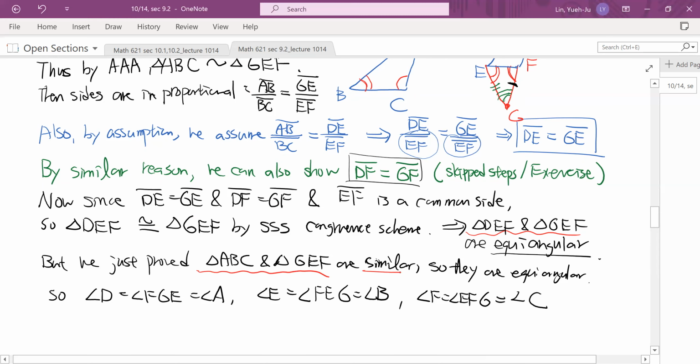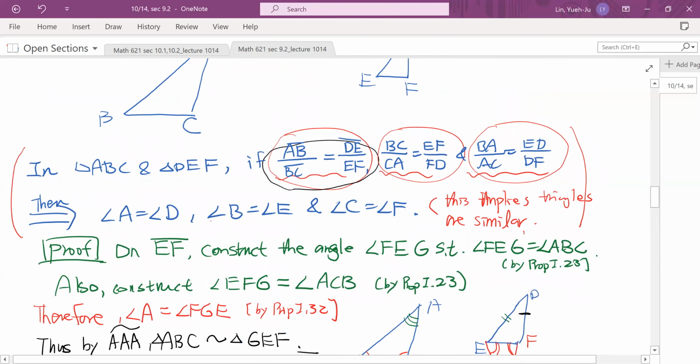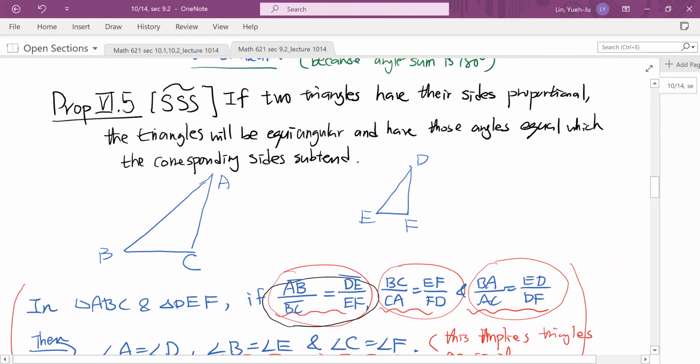So both of them have the same angles. Then our goal is actually to compare DEF and ABC at the end, right? So ABC and DEF are equiangular. And that's the goal, right? We start from sides being in the same ratio, then eventually we want to prove they are equiangular. Okay, so this is essentially the SSS similarity scheme.